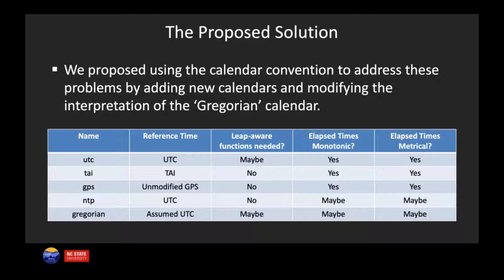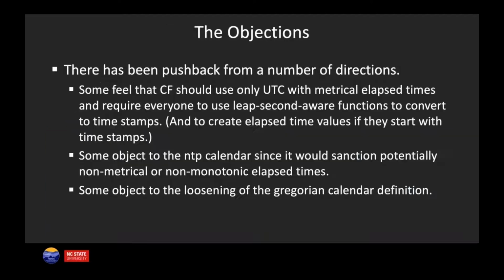But your time variable may not be monotonic if there's a leap second in the middle of it and your resolution is tight enough, or it may at minimum not be metrical. In other words, it's not a linear basis anymore, sort of like Dave was mentioning about the non-metrical nature of time systems, when you're working with calendars and months and the same kind of issue.